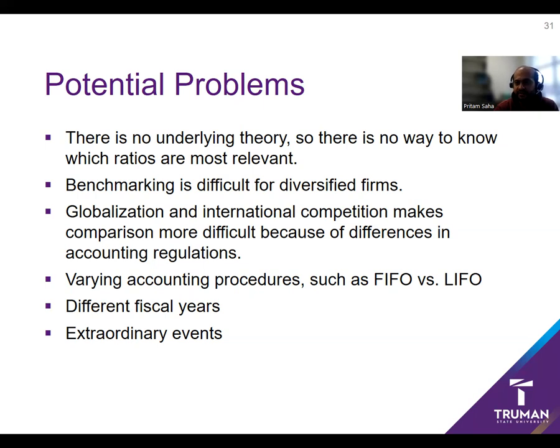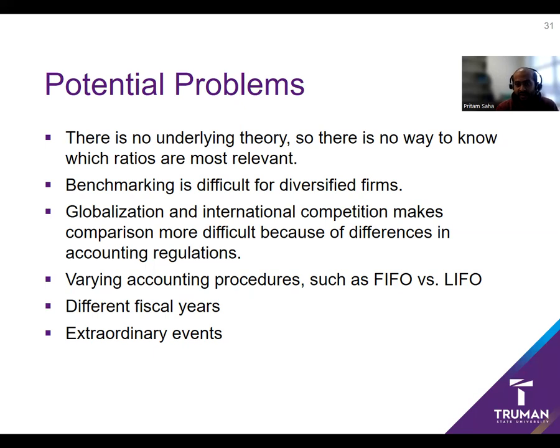Let's say Rivian versus Tesla, two electric vehicle corporations. Tesla is more highly diversified than Rivian, so sometimes it's tough to compare Rivian and Tesla. And there are a lot of other issues. Sometimes some corporations face extraordinary events, and as a result, it's tough to compare them with someone else. Sometimes they have different fiscal years.